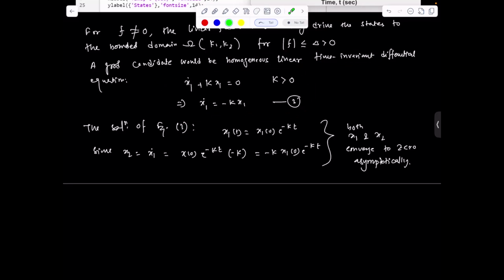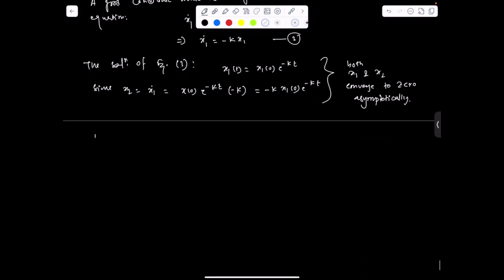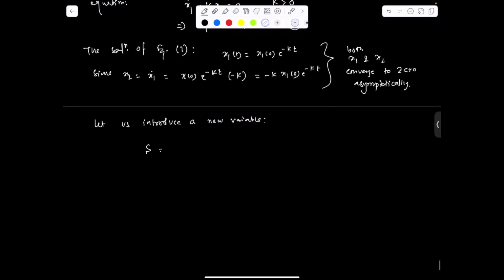We can achieve this by introducing a new variable in the state space of the system of equation 1. So what we're going to do is introduce a new variable in the form s(x1, x2) equal to x2 plus k x1.